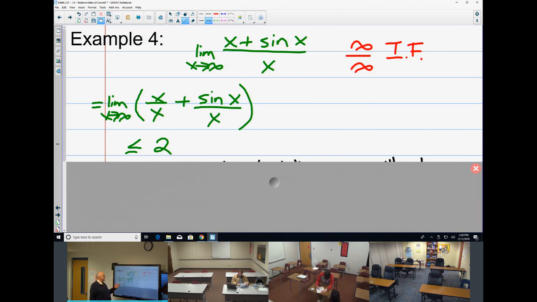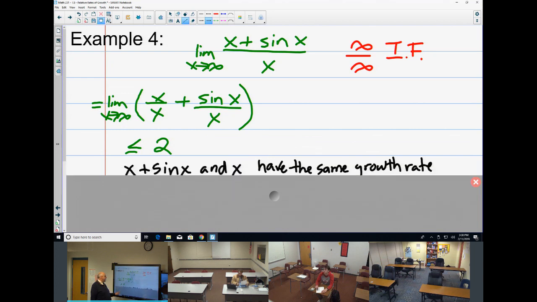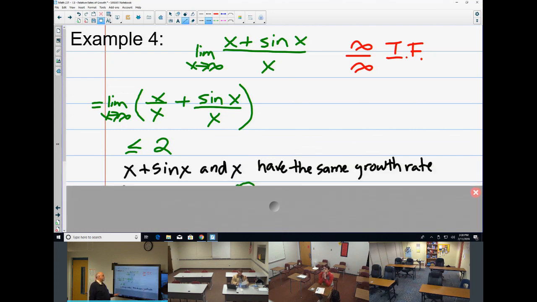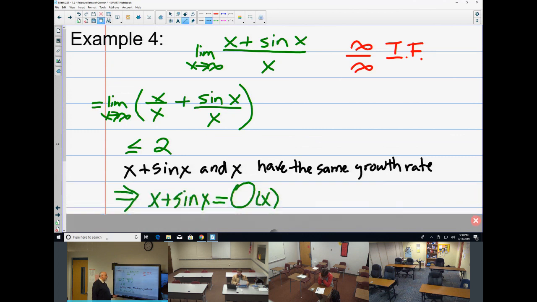So that means this is going to be a number. It doesn't go to infinity. Okay? So if I get a number, that means they have the same growth rate. If they have the same growth rate, then you can say the top one is big O of the bottom one.